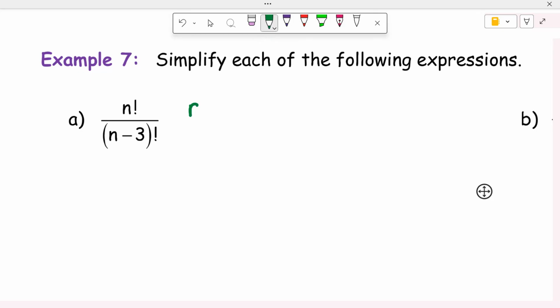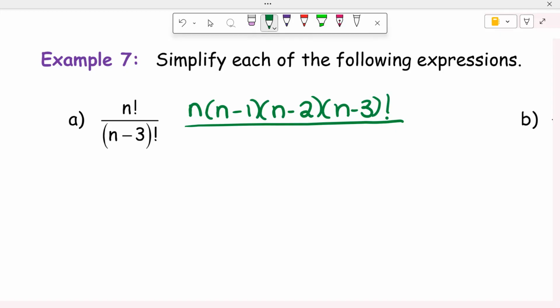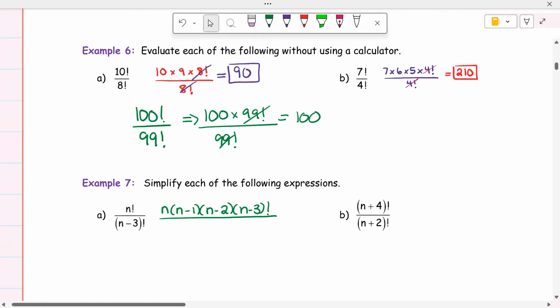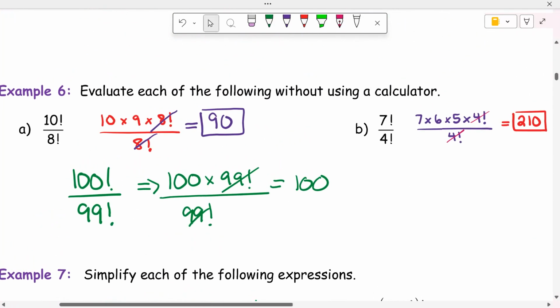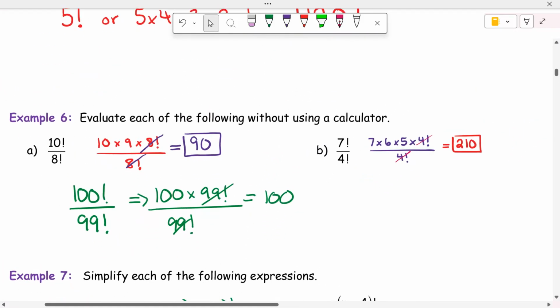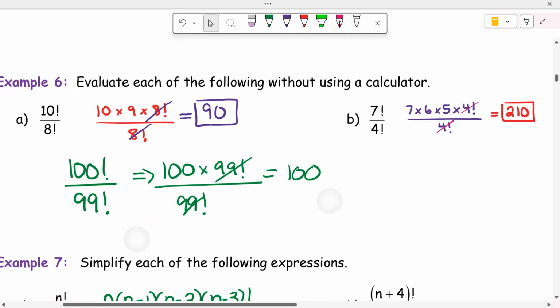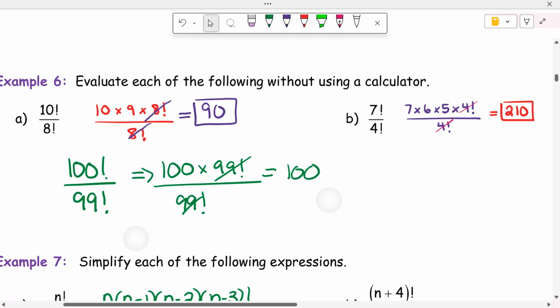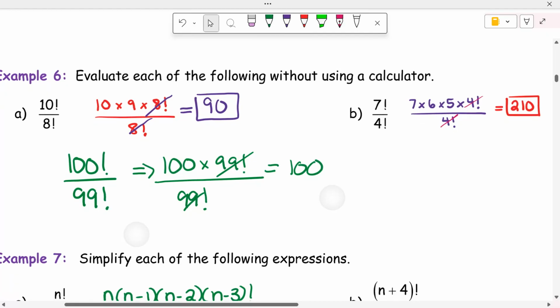So n times n minus 1 times n minus 2 times n minus 3, stop. Since we can't go all the way down to 1, the factorial stays. Did it make sense with the numbers that the factorial disappeared? Because we were going all the way down: when we first wrote this, that is 8 times 7 times 6 times 5 times 4 times 3 times 2 times 1, so the factorials cancel out.